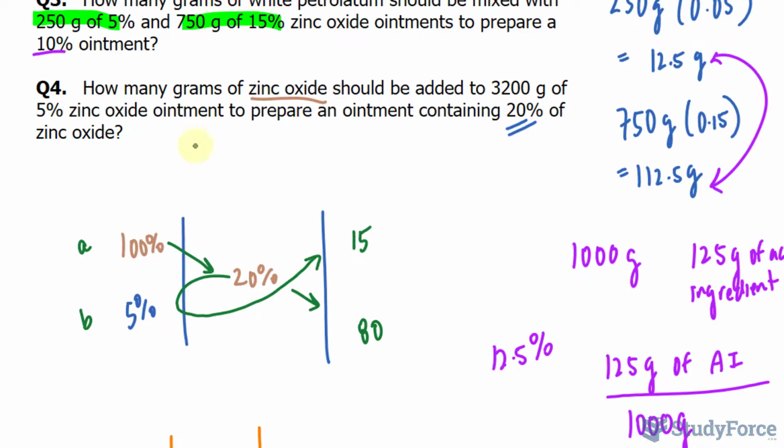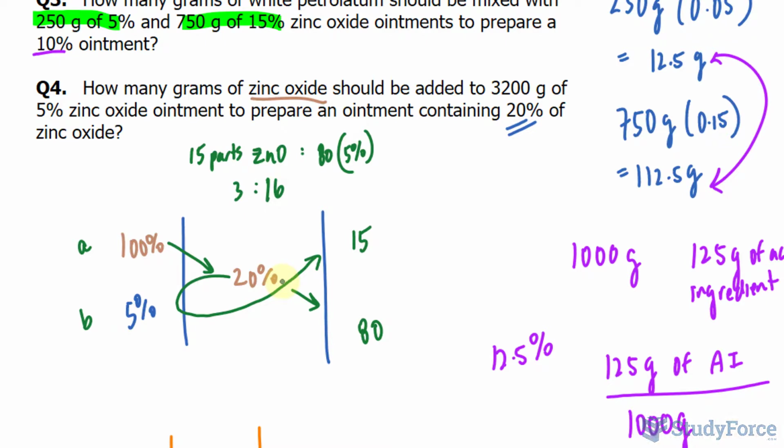This ratio can be written as 15 parts zinc oxide, that's a Z and an O, that's its chemical formula, to 80 parts of the 5%. This ratio reduces down to 3 to 16. So 3 parts of the zinc oxide and 16 parts of the 5% will end up giving us a 20% concentration.